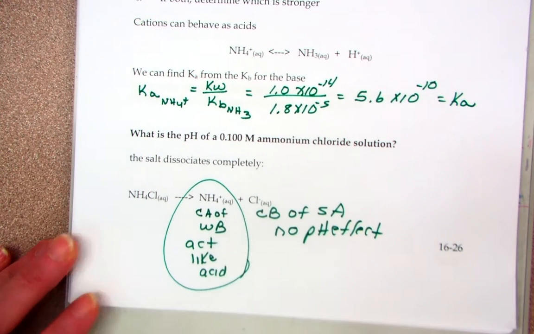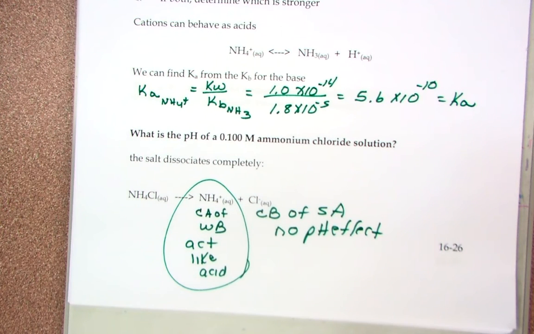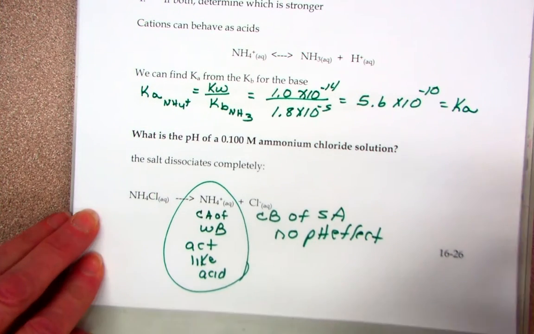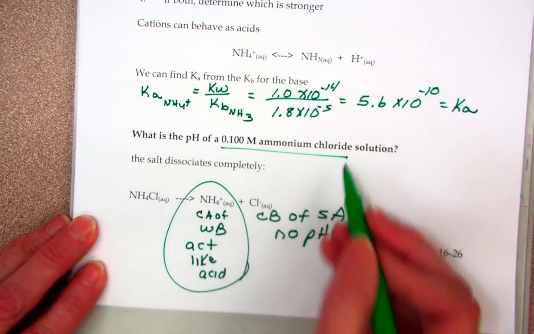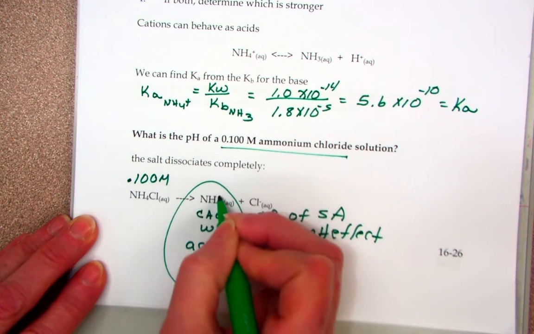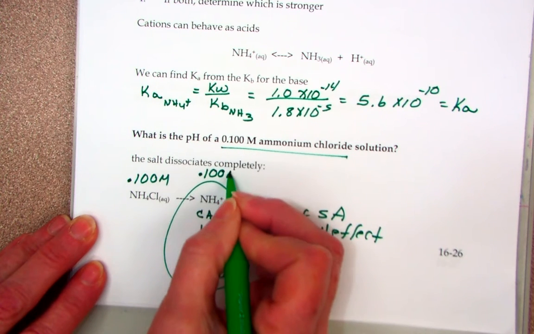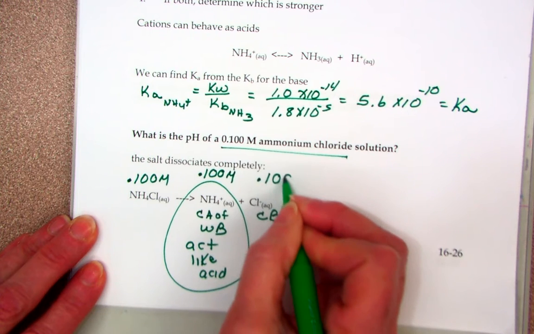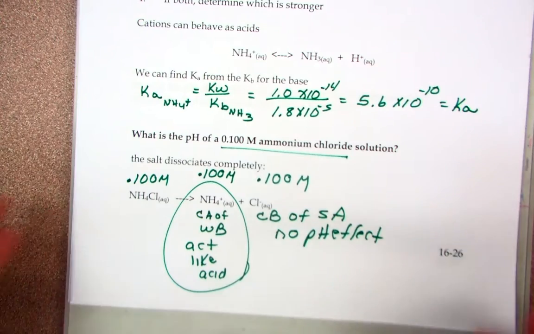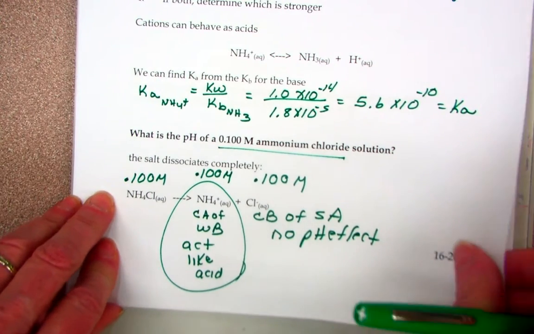So this is what's going to control the pH of the solution. If I have 0.1 molar ammonium chloride, now I have 0.1 molar ammonium and 0.1 molar chloride. And the chloride ion sitting in solution has nothing to do with anything relative to pH.